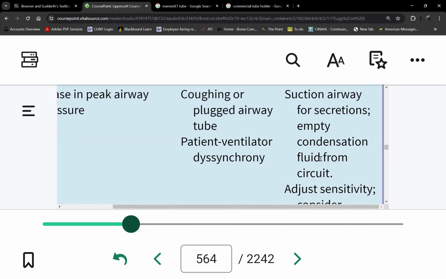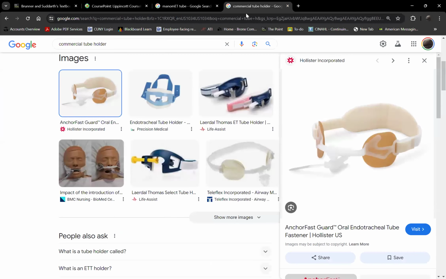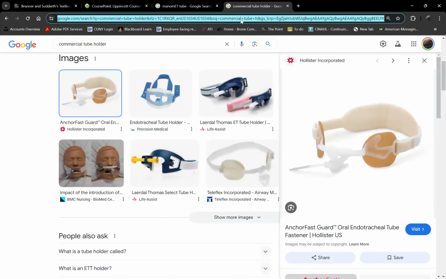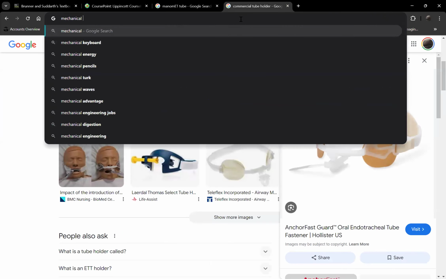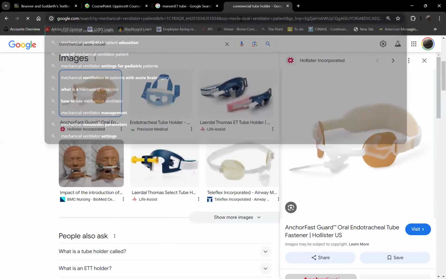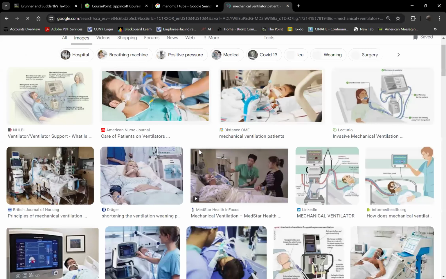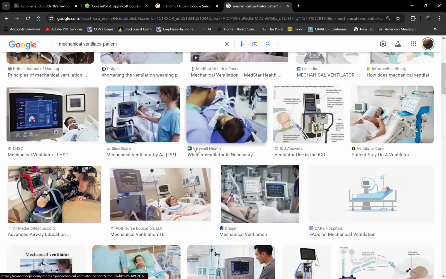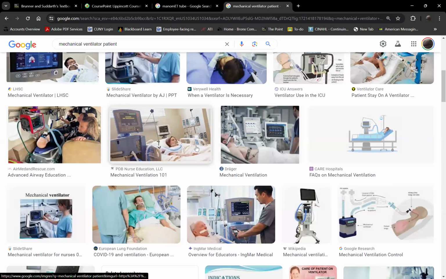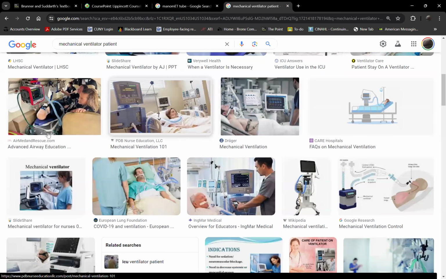So this condensation fluid from the circuit. Have you seen a ventilator? If you've not, let's look.